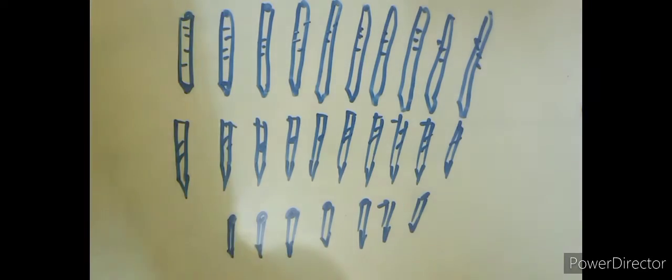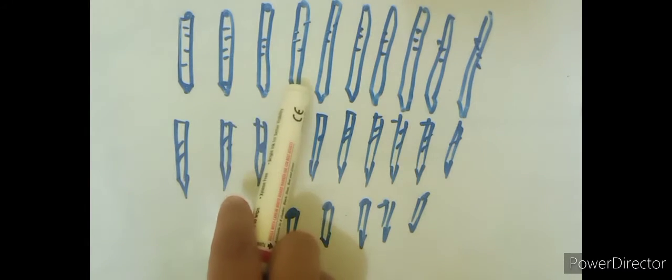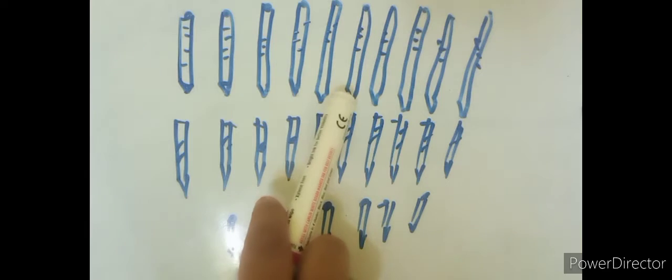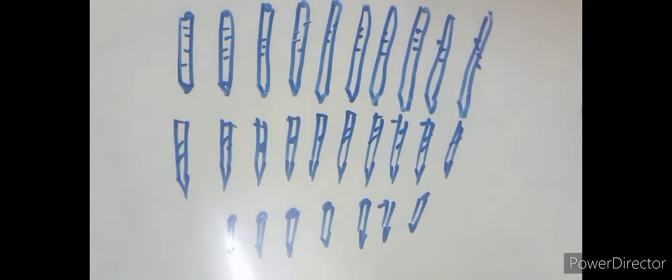Now students, I have drawn pencils on the board. Okay, now let's start making a group of tens. Now firstly you have to start counting. 1, 2, 3, 4, 5, 6, 7, 8, 9, 10. Okay.